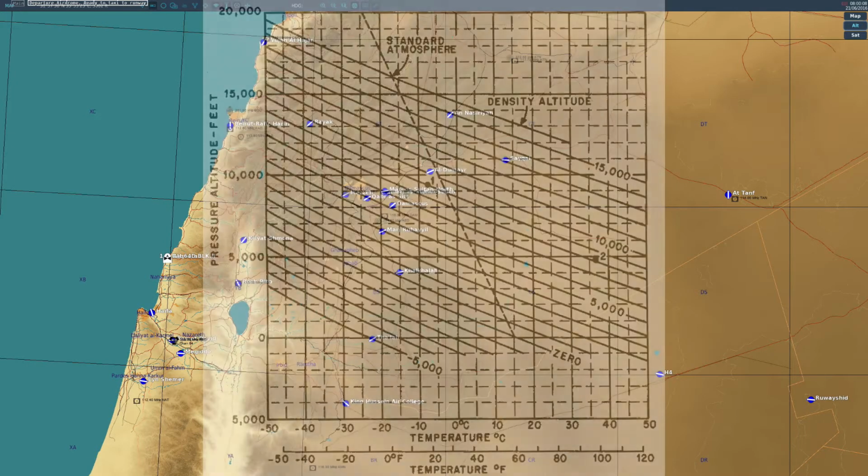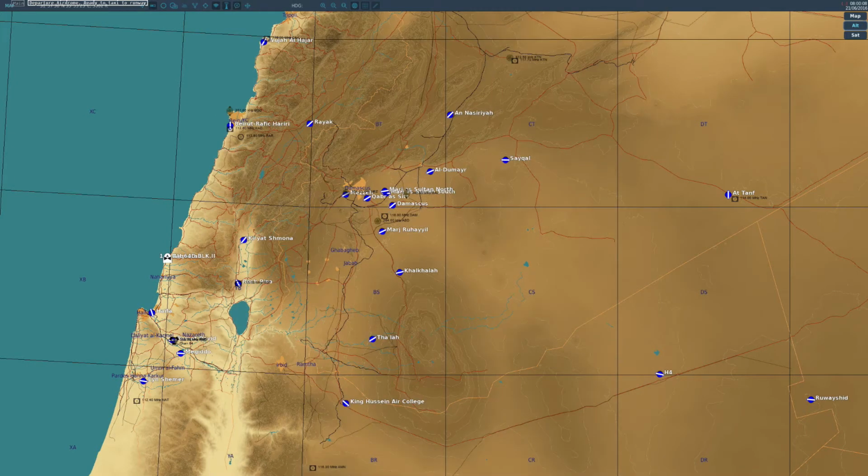So as I will demonstrate here in a moment, we're going to be taking off from 3 airfields in Syria. It's going to be Nicoya, Shid, and I'm probably not saying that name right, along with a massive mountain here to the east of Tala.